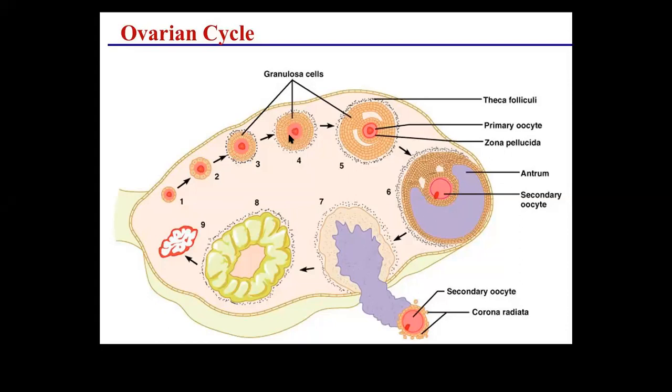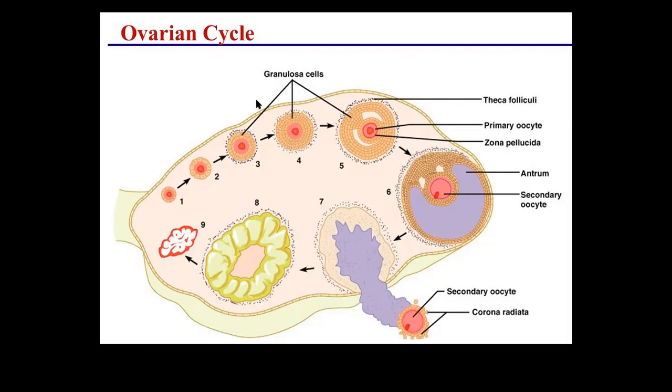Now, why is it important? It forms a boundary between the oocyte and granulosa cells. Why are these granulosa cells present here? They provide nutrition to the growing oocyte. This protein coat gives a number of protein channels, gates, pathways, so that the granulosa cells are giving nutrition to the primary oocyte.